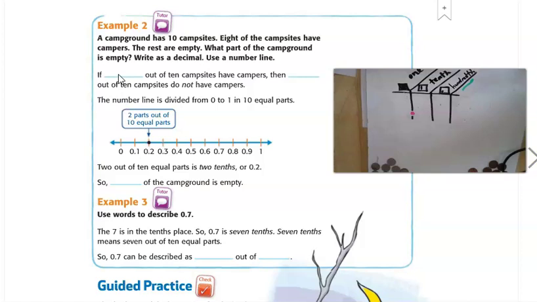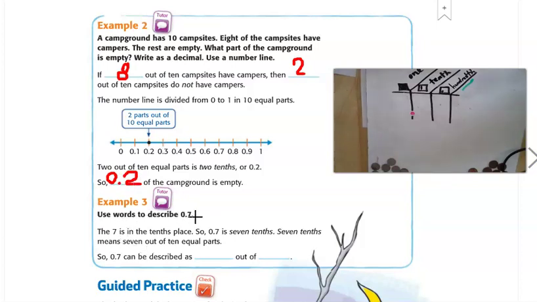So if 8 out of 10 campsites have campers, then 2 out of 10 campsites do not have campers. So 2 tenths of the campground is empty.